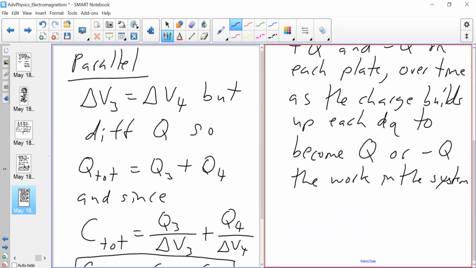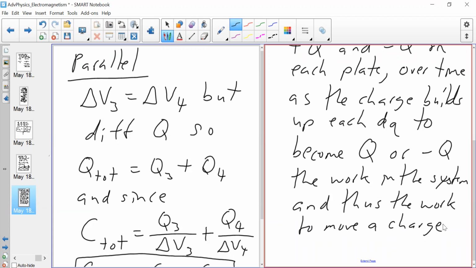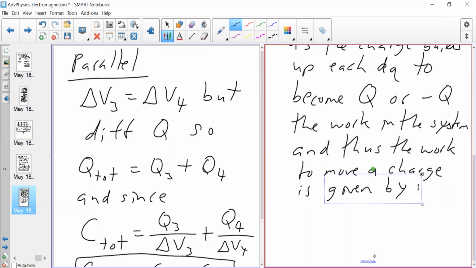The work in the system, and thus the work to move a charge, is given by dW equals dQ delta V.